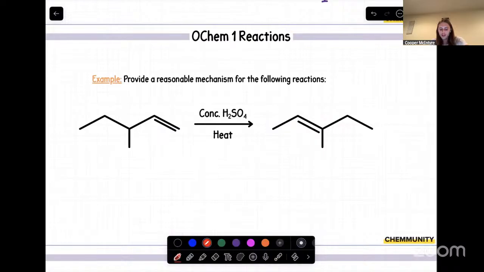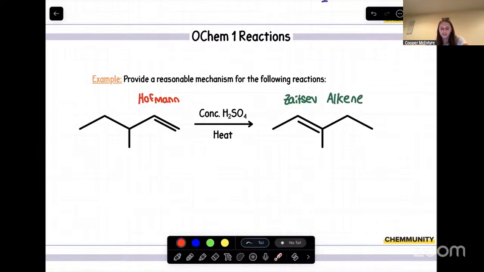So as a good review, what's happening is we're starting off with a Hofmann alkene. And just to refresh your memory, a Hofmann alkene is when it is least substituted, and we're moving it to a Zaitsev alkene, which is going to be more substituted. Perfect.